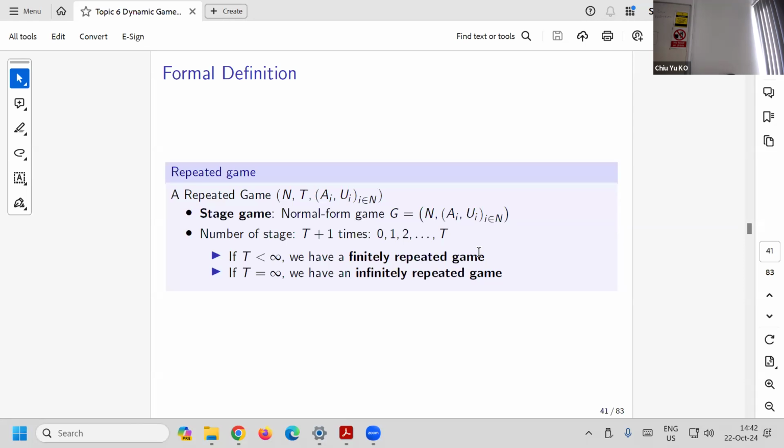If you repeat it a finite number of times, it's a finitely repeated game. If you go to infinity, it's an infinitely repeated game. As we have mentioned, these two are very different. Especially when you go to infinity, everything changes.